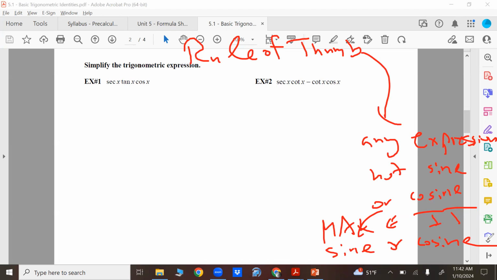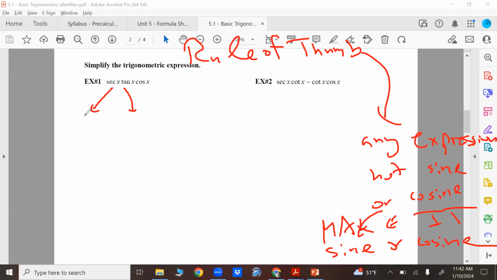So now, this is your best friend, or that other formula sheet I gave you. Let's look at secant and let's look at tangent. According to the first page of the notes, or the formula sheet that I gave you, you might want to have the formula sheet right next to you, so you don't have to keep flipping back and forth. What is secant? What can we substitute for secant? 1 over what?